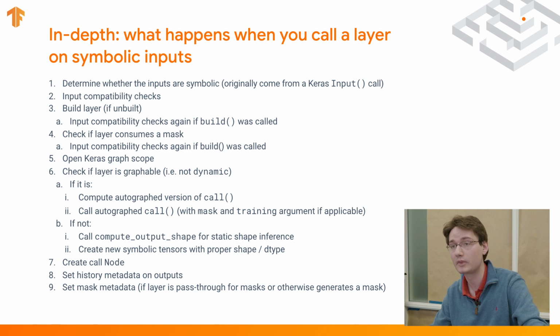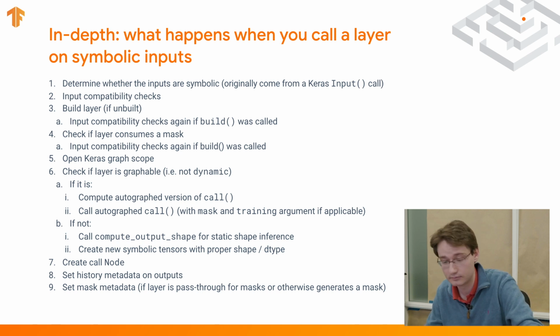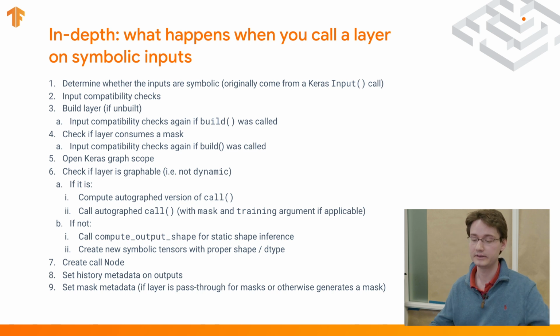So what's happening in step 5? What is the graph scope that you're talking about? Keras maintains its own graph, which is a FuncGraph object. And when it creates a symbolic tensor, it's always in that graph. So before you call the graph mode call, or before you instantiate new symbolic tensors, which are basically placeholders, first you need to open the graph scope.